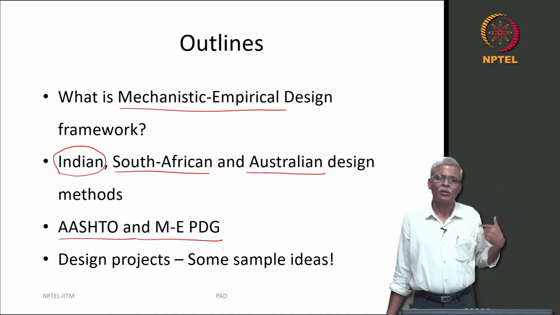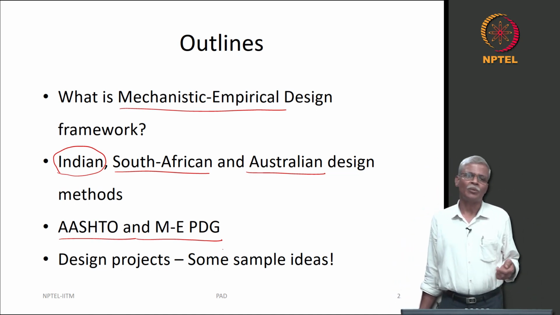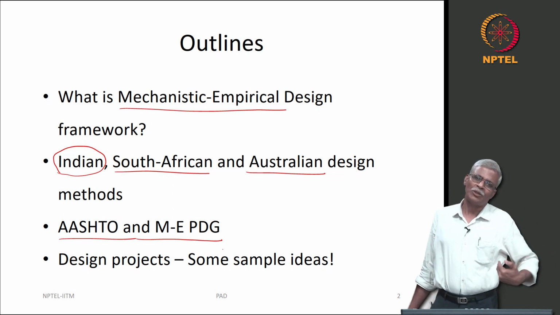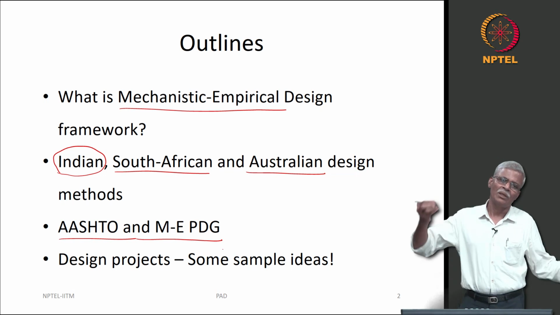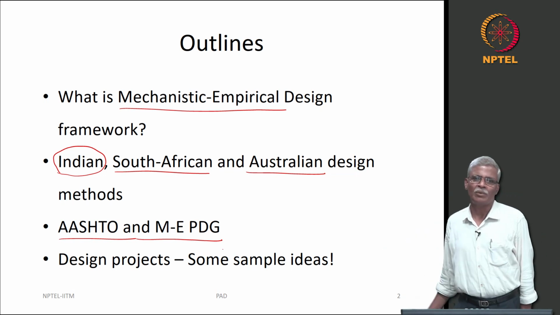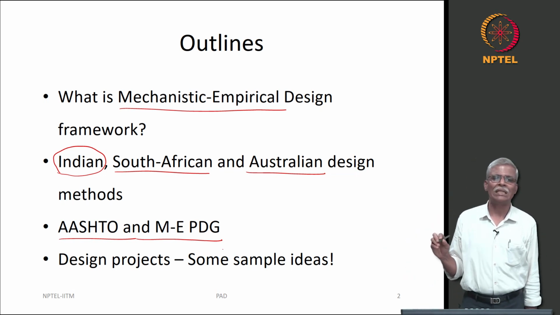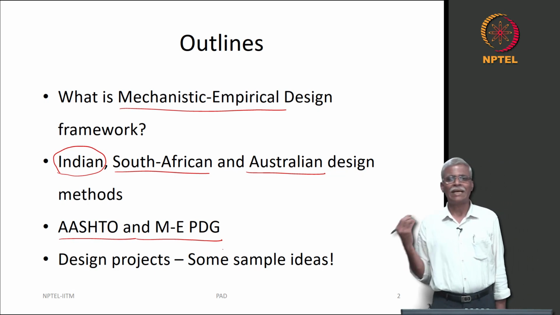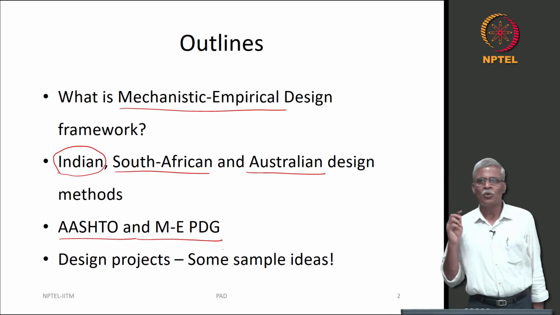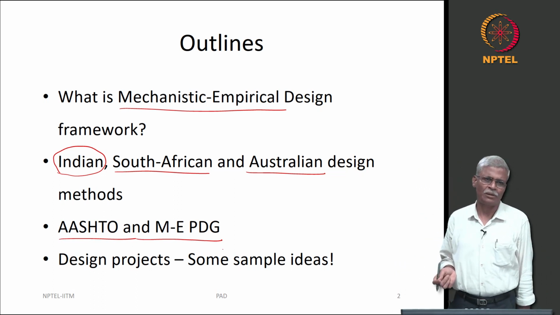What Dr. Nivita would have taught you is the old AASHTO, which is based on a reliability based method with PCA and all those things, but right now what we are going to talk about is the AASHTO mechanistic empirical pavement design guidelines. It is a lot more comprehensive, as you will realize.